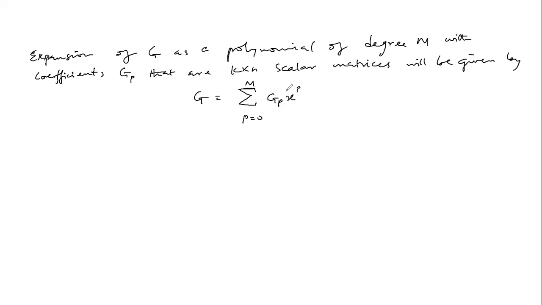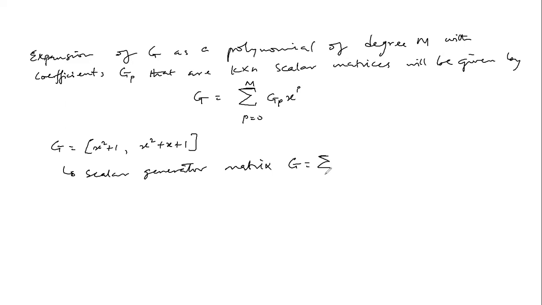Now, if we are given the generator matrix, say G equal to x squared plus 1, x squared plus x plus 1, then the scalar generator matrix G will be given as the sum over p taking values from 0 to n, which is G0 x^0 plus G1 x^1 plus G2 x^2, all the way to Gn x^n.